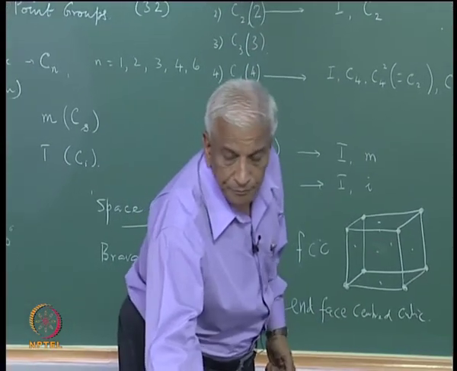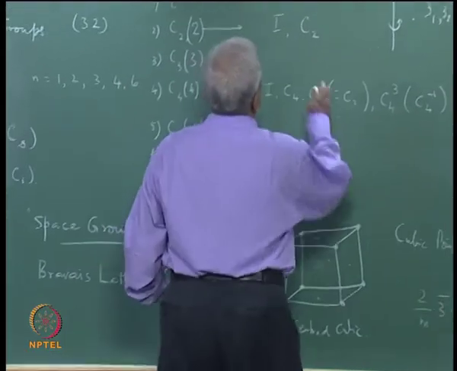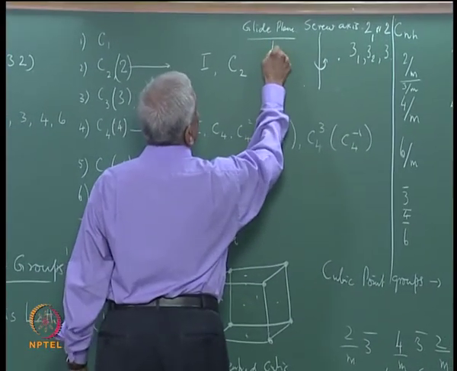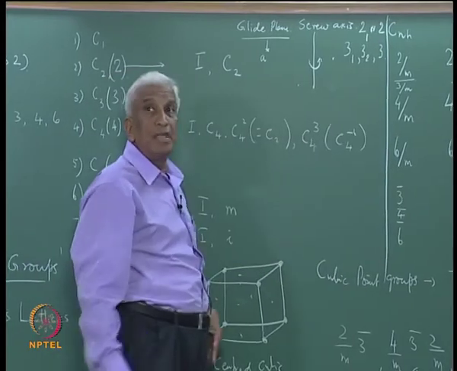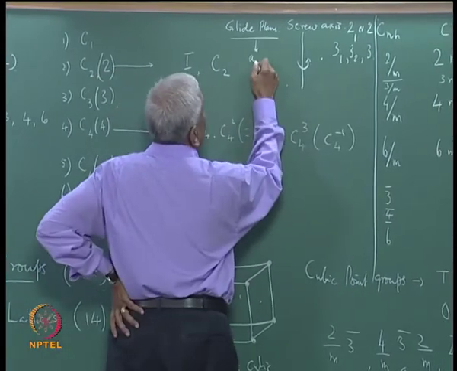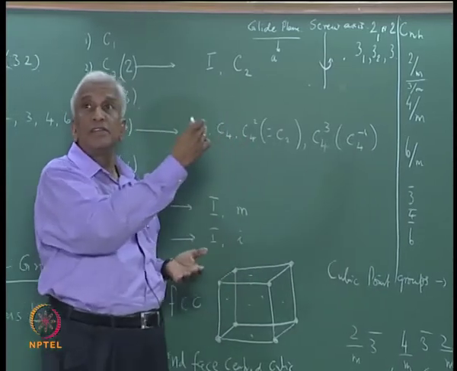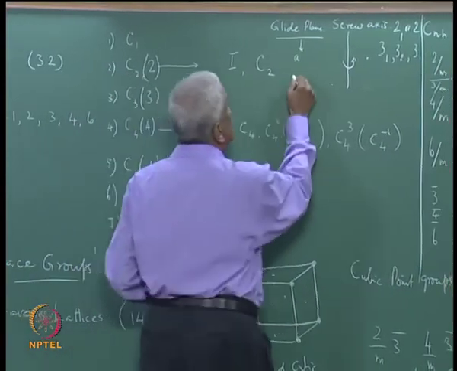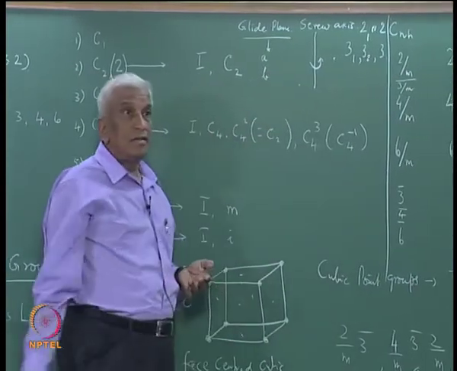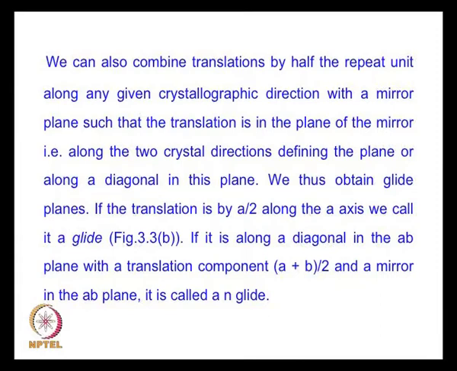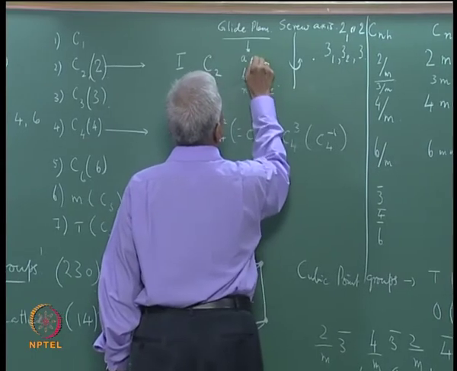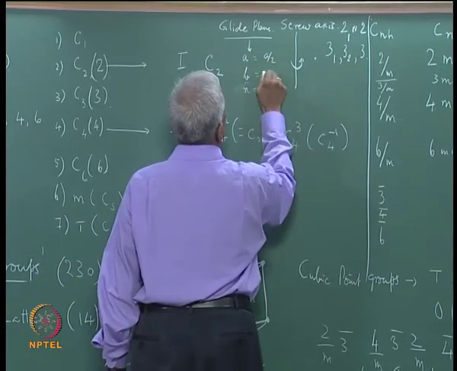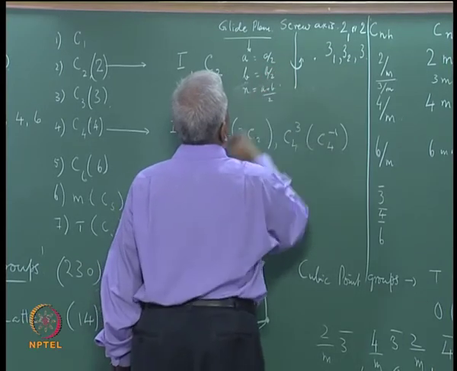As I already said, in the case of the glide planes, you can have glide planes, for example, if the AB plane is the mirror, then it can be an A glide with a translation component along the A axis, or a B glide. This is an N glide, a diagonal glide with a translation component of (A plus B) by 2, whereas this is A by 2, this is B by 2, the translation component.